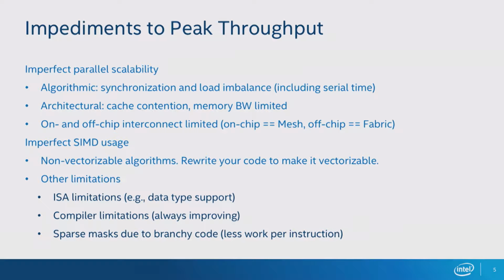If I'm memory bandwidth limited, there may be nothing I can do about that. If I'm using all the memory bandwidth of the machine and my algorithm requires that I use all the memory bandwidth, then that's my roofline, and I'm happy and I'm done. Or I come up with a new algorithm that isn't bandwidth bound. So that's architectural for a given algorithm. Changing the algorithm changes the game completely, and you have to start over.